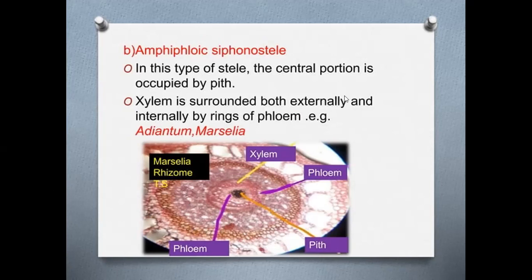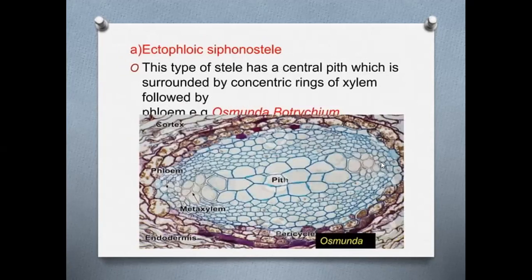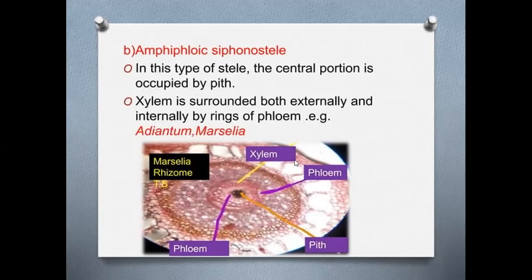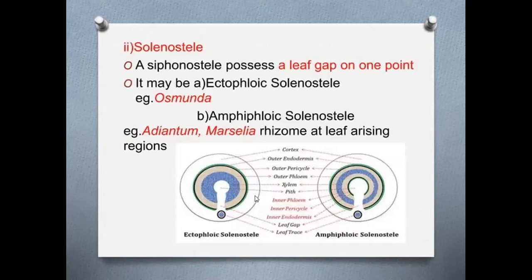Okay, so whereas in ectophloic, we can see only a single ring of phloem, whereas xylem will be in the concentric rings. In amphiphloic, xylem and phloem together having several rings. That is, xylem will be sandwiched by 2 phloem strands. I hope this is clear up to this point. Siphonostele condition.